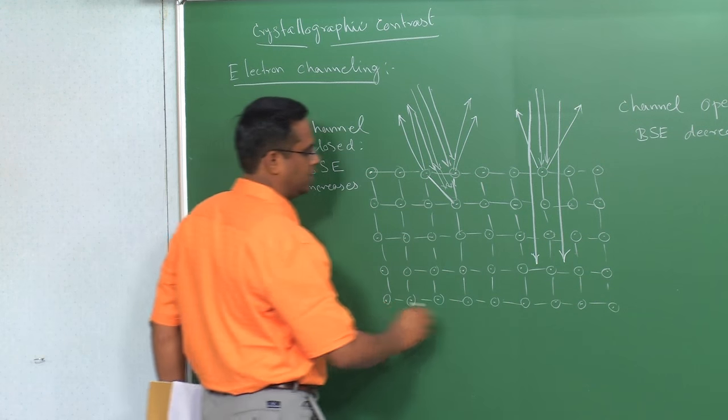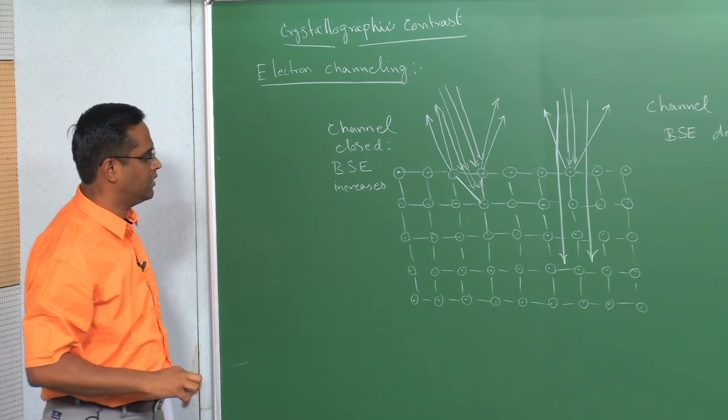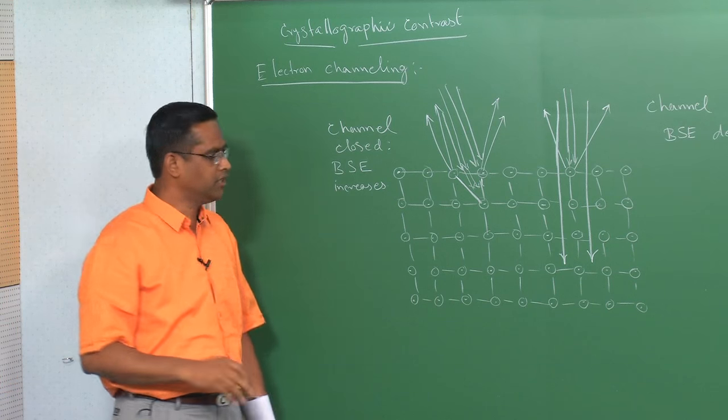Suppose you assume this is an ordered alloy or ordered system, relative to the amorphous, which is always kept as a reference.